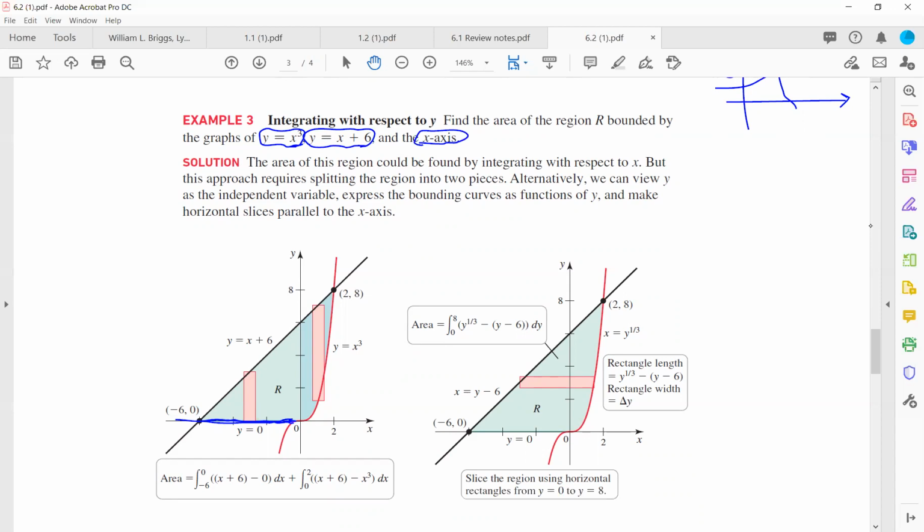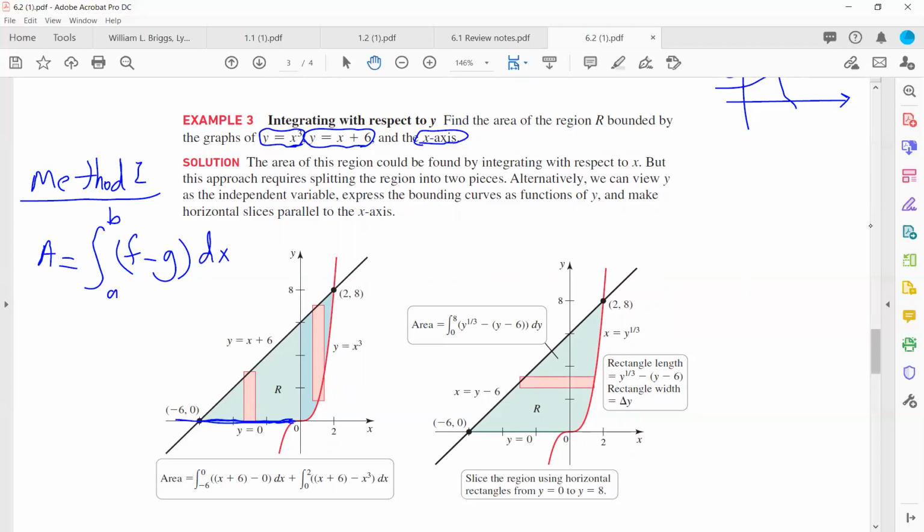So first, let us use the method that we learned on the previous page. Method 1, just taking the integral with respect to x. Area is equal to the integral of f minus g dx. X ranges from a to b.